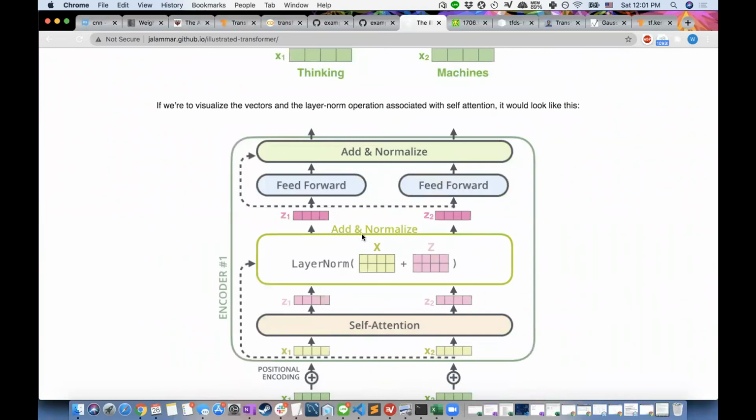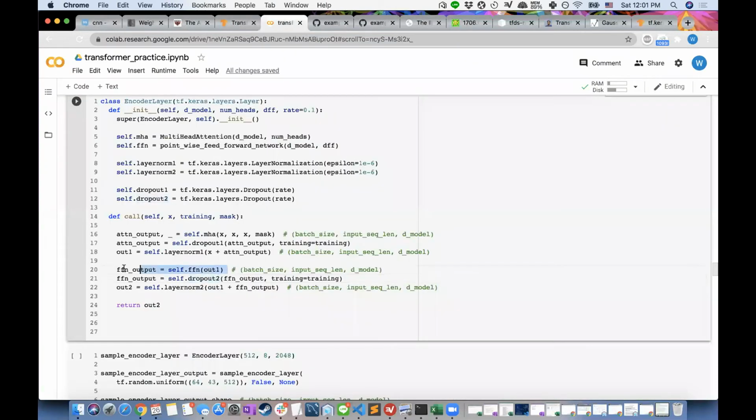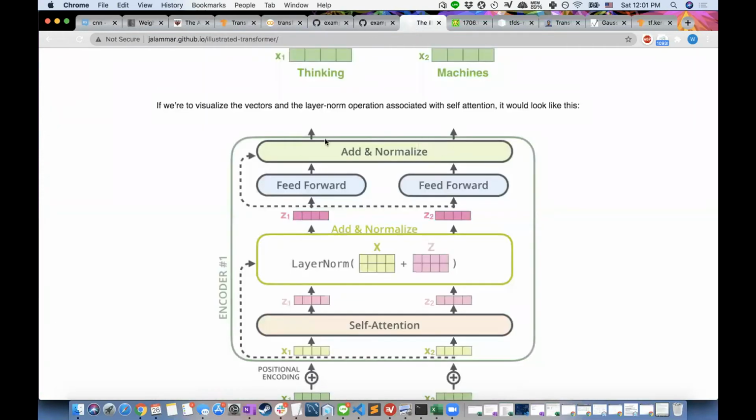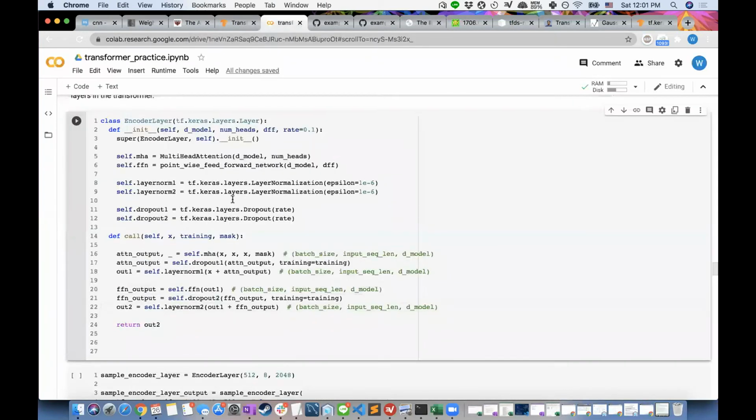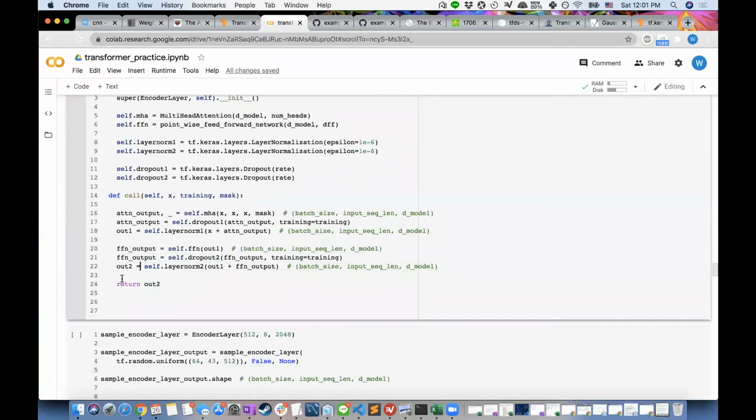So after you do the layer normalization, you pass into the feed-forward neural network, which is what we did here. Then you drop out again, and then you layer normalize again. So there's a second layer normalization. Remember we have self.layer_norm_1 and self.layer_norm_2. So we have the second layer norm, and you have the FFN output.